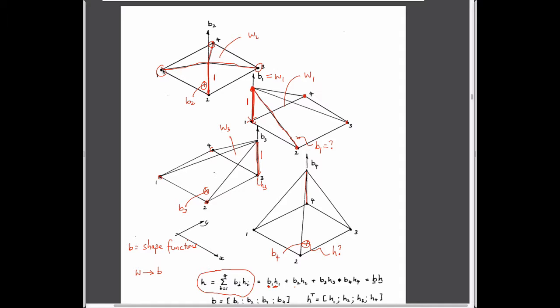By definition, it's 0. So it's the value of h2 times 0, plus the value of h3 times 0, plus the value of h4 times 0. So by definition, it would return the value of the head at node 1. h1 is equal to b1 times h1. b1 is 1. So, okay, that's really what we're doing.